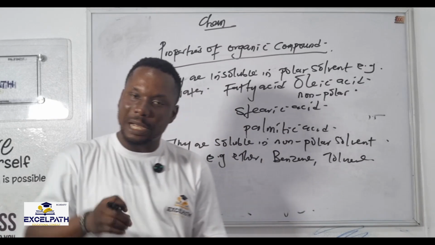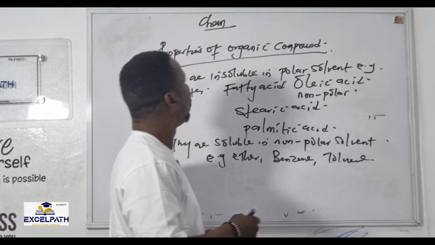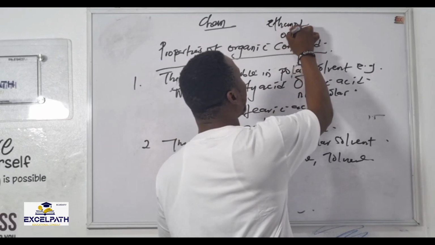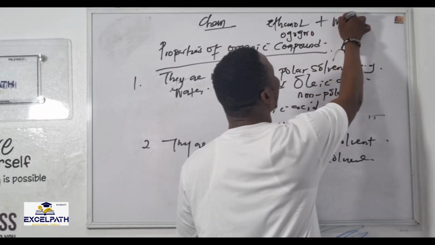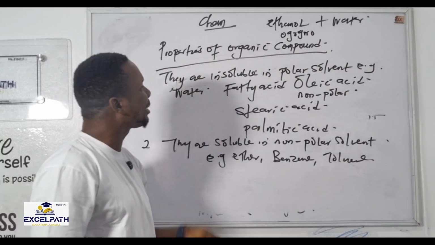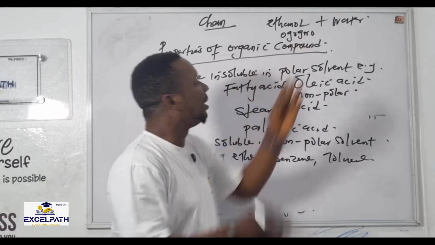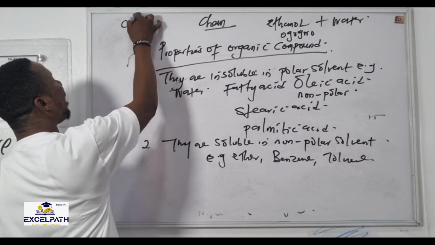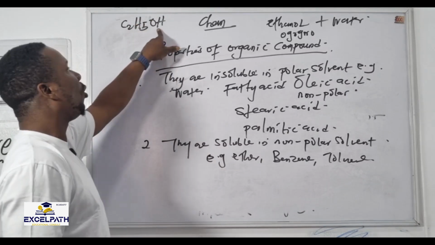For example, we can dissolve water inside ethanol. We all know what ethanol is, ogogoro. We can dissolve ethanol inside water, and it will dissolve. But ethanol is an organic compound. What makes ethanol dissolve in water? Ethanol has the formula C2H5OH. It can also be called ethyl alcohol.